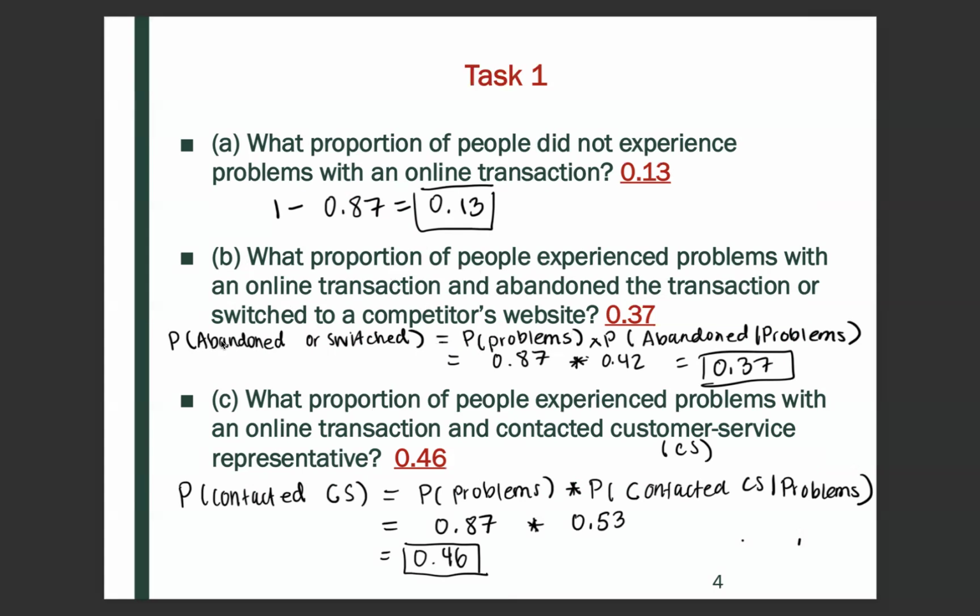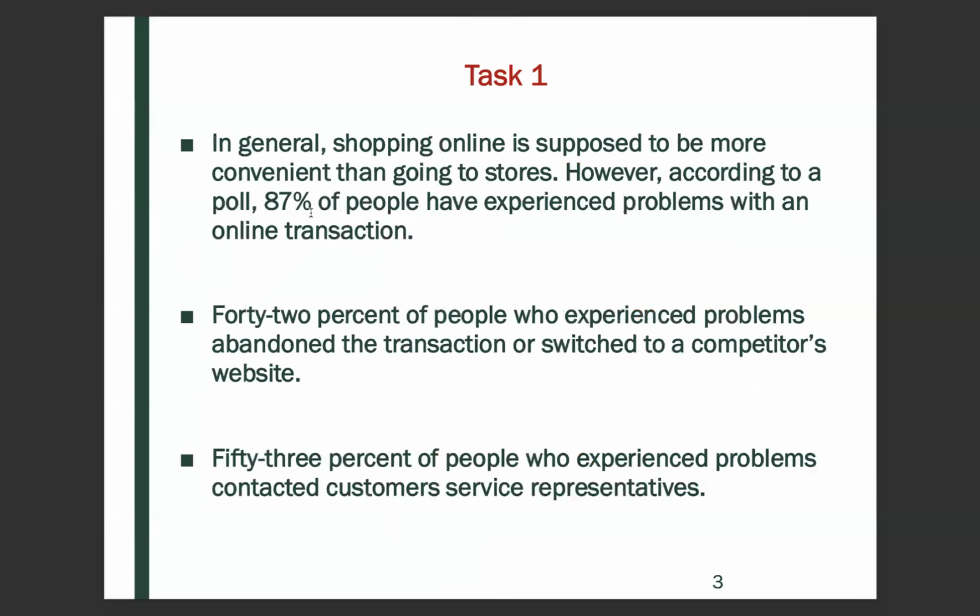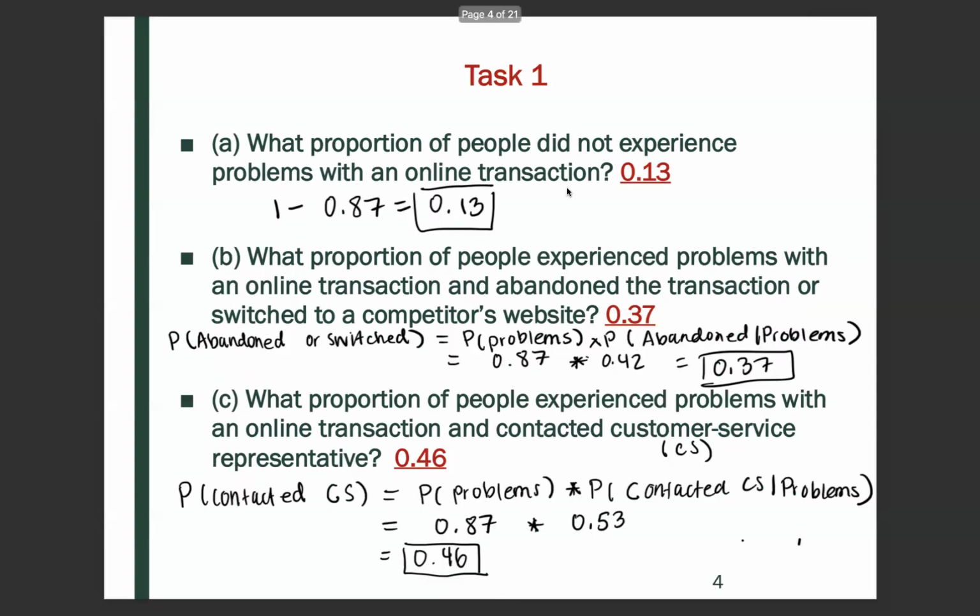So the probability that someone abandoned or switched would be the probability that there were problems times the probability that they abandoned given problems. So the probability that someone had experienced problems would be 0.87 because 87% of the people have experienced problems.